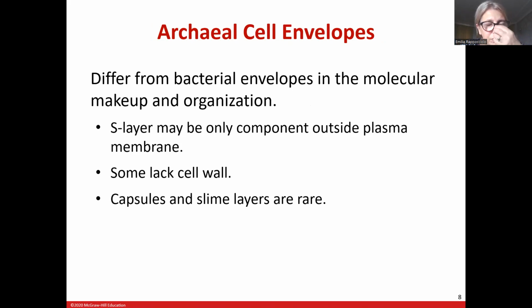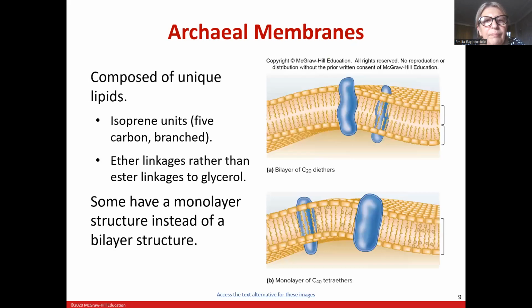You remember how we talked about the S layer, proteins that are good at self-assembly? So outside the plasma membrane, in some species, there is only an S layer. Some don't have a cell wall. Again, these are the ones that are found living inside other cells, and the capsule and slime are rare.